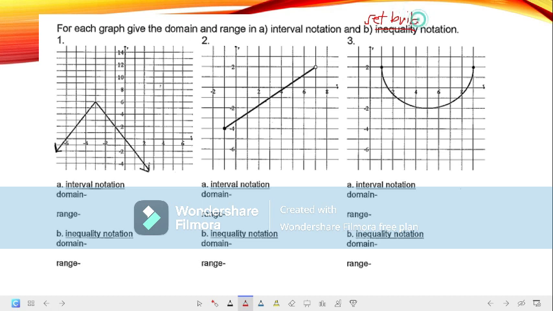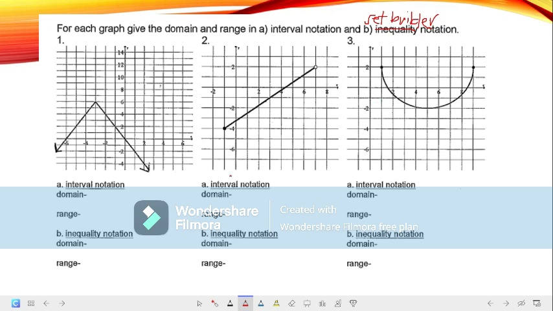Okay. So you are given the graphs. Please do copy this in your math activity notebook. So you have number 1. This is your graph. Write the interval notation, the domain, and the range. By the way, instead of inequality notation, you just write set builder notation.